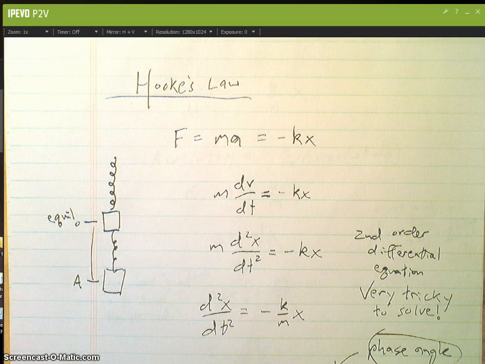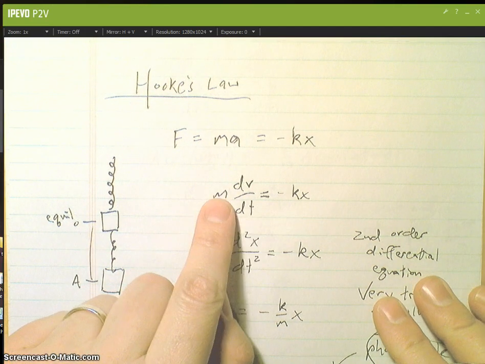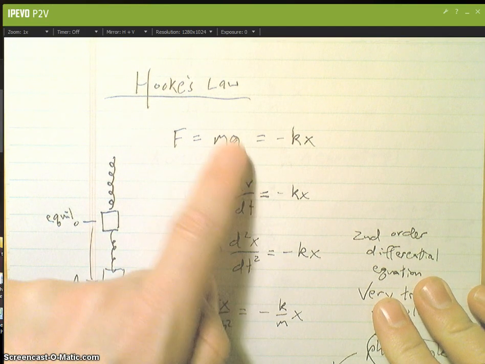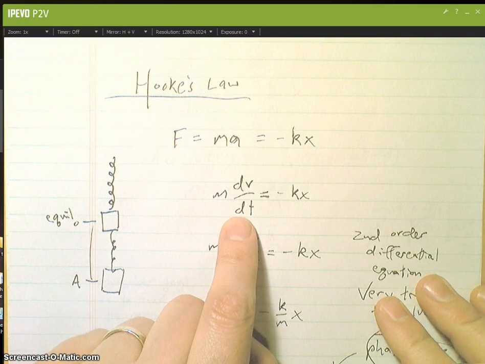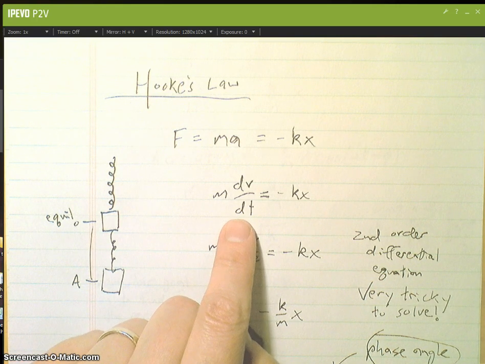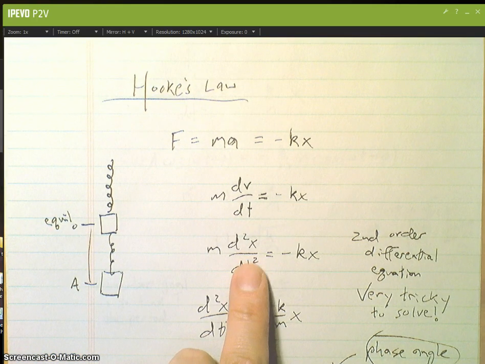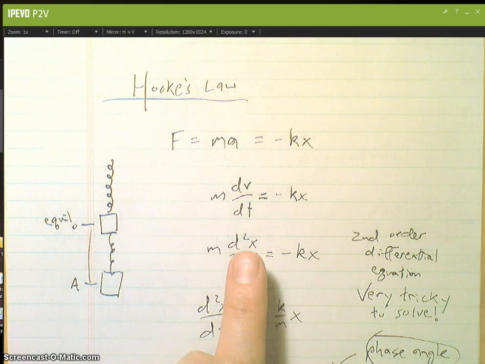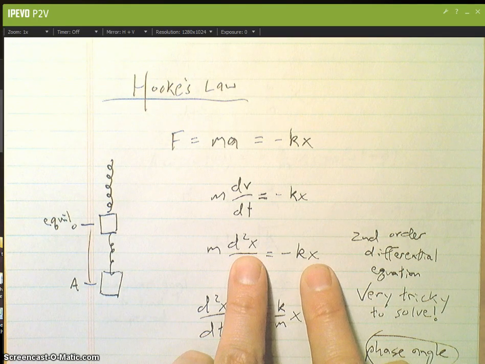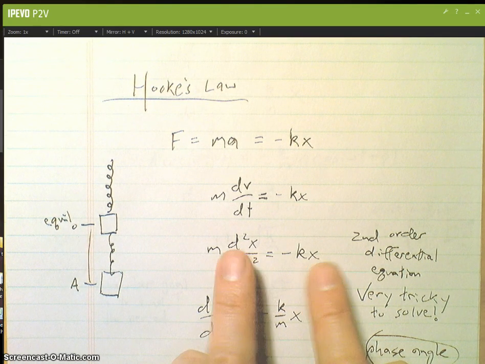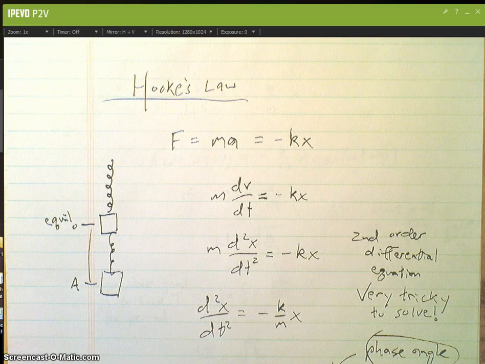Now, this being AP Physics C, we get to do calculus. So we're going to take the acceleration equation and put it into d²x/dt², the second derivative. Why take the second derivative? Because we're looking to get a solution to this, ultimately to get to a period, the time it takes for one oscillation.